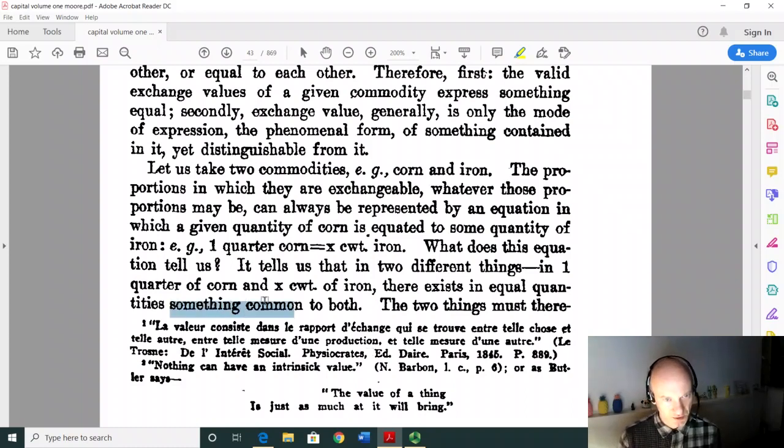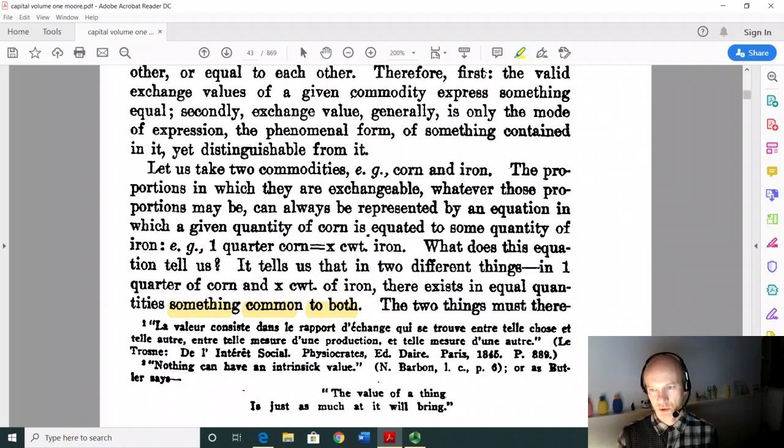This is an important formulation here. Some mysterious substance is there that is common to these two things that are totally different. Corn and iron are obviously concretely completely different things. Even more so the other examples he gave before, like blacking and silk and iron and corn.